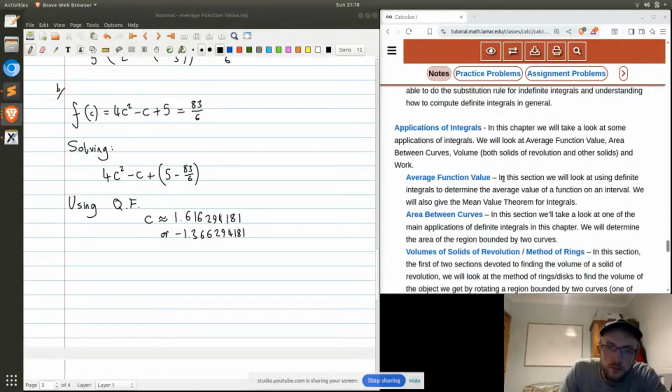Right. Area between curves. But there are some other notes that I really want to read about complex numbers.